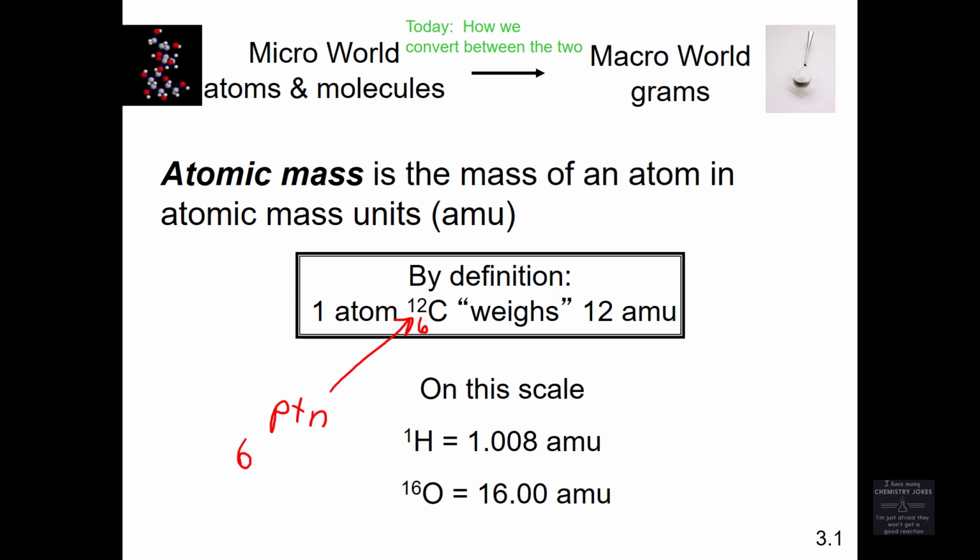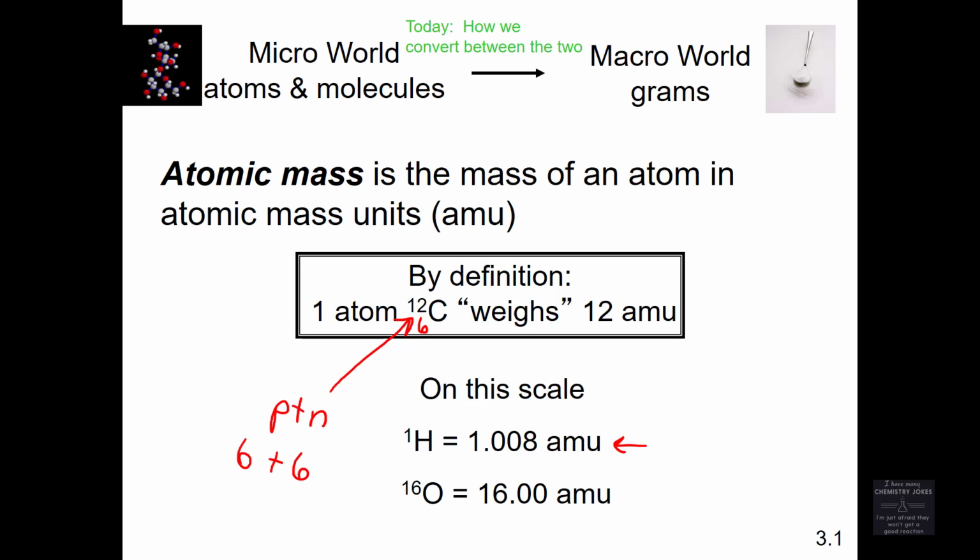So carbon has 6 protons and carbon-12 has 6 neutrons. So the atomic mass is the sum of protons and neutrons. You remember that? So one carbon atom weighs 12 atomic mass units because it's got 6 protons and 6 neutrons. It weighs 12 atomic mass units.